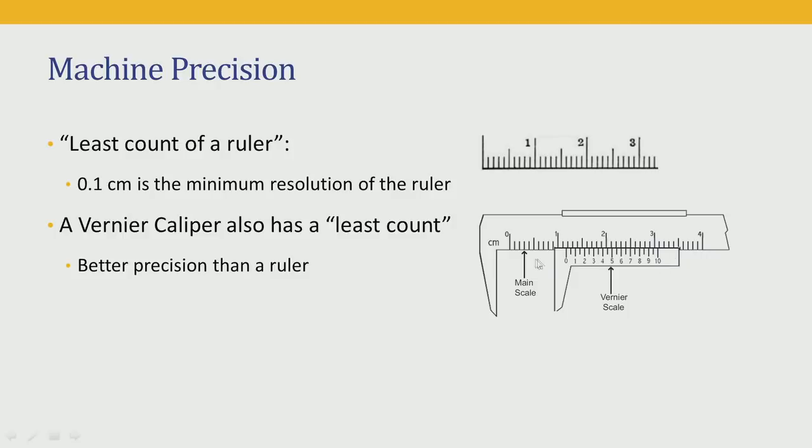This particular example of vernier calipers has a least count of 0.01 centimeter. So, we can say that this vernier calipers has a better precision than a ruler. Okay. So, precision is basically a term which we can approximately use in lieu of the term least count. Okay. So, it is kind of like least count.